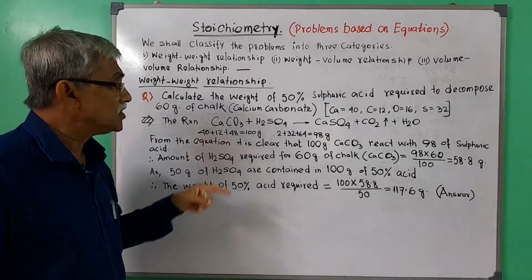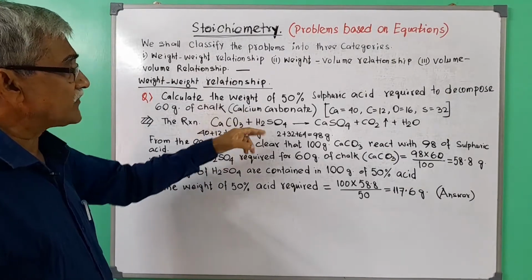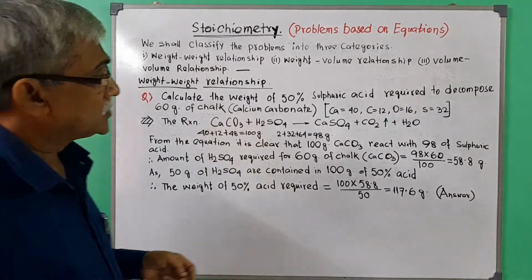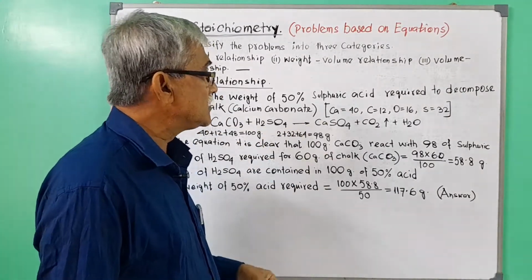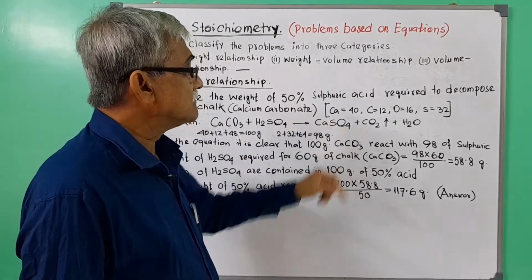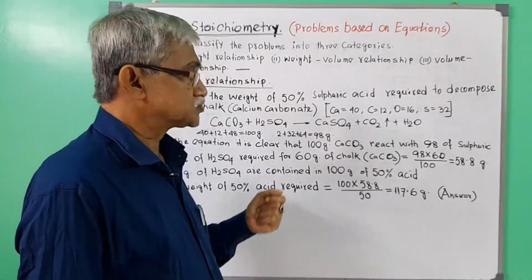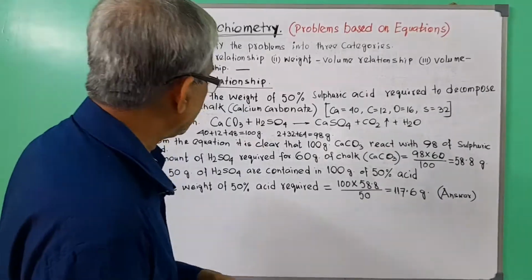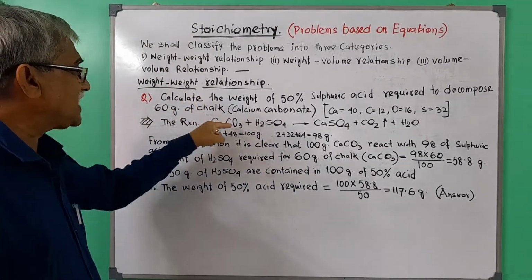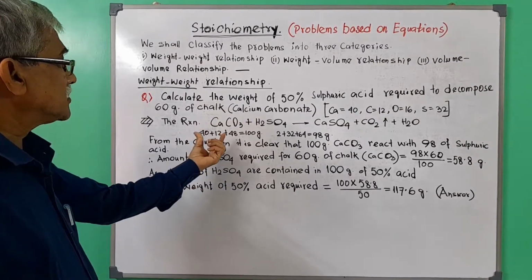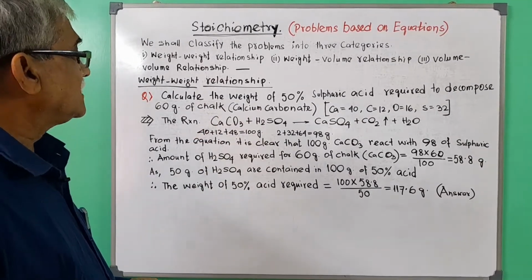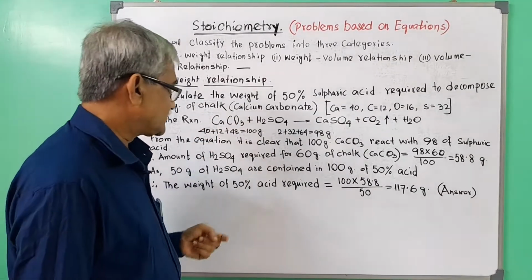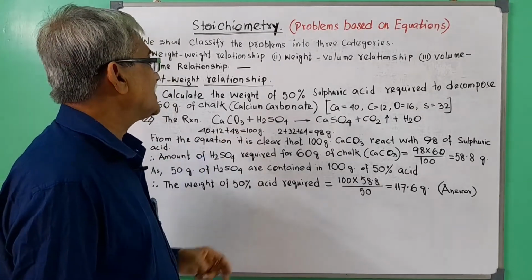The reaction: CaCO3 plus H2SO4 turns into CaSO4, that will be deposited, plus CO2, carbon dioxide gas, will be evolved, and H2O, water. Now calcium carbonate, if you sum up the masses of calcium, carbon and 3 oxygen atoms, it happens to be 100 grams.